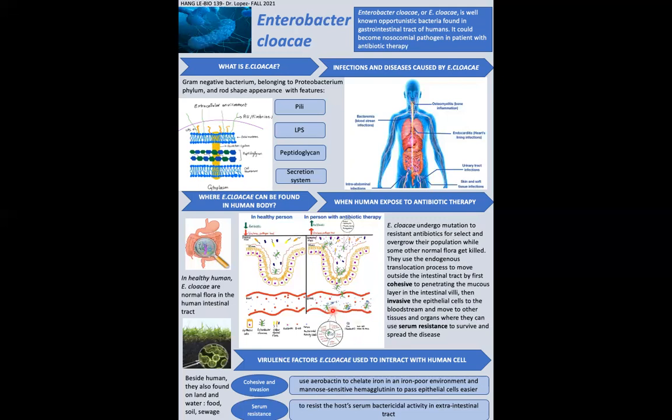And they use mannose-sensitive hemagglutinin to pass the epithelial cell more easily over here. Finally, when they are in the bloodstream and in all other organs, they will resist the host serum bactericidal activity to survive and spread the disease. It's all about Enterobacter cloacae.